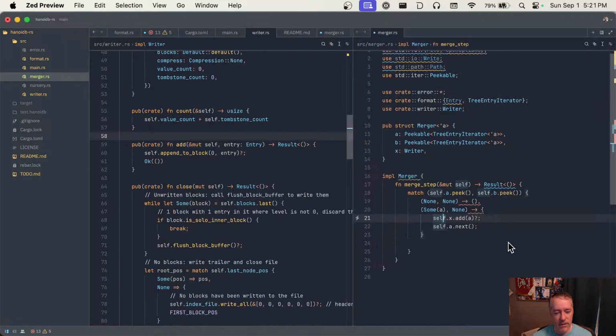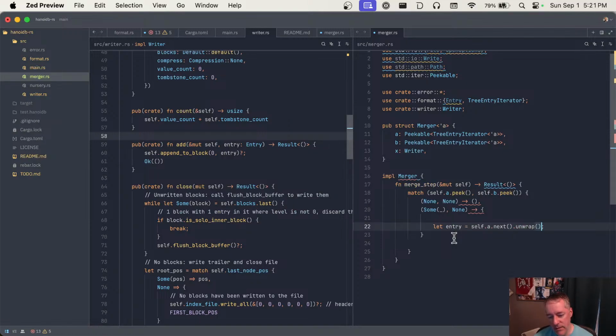Okay, so actually what we need to do here is go, because we need this to not be a reference, which means we don't actually care in this case. So we need to do let entry is self.a.next.